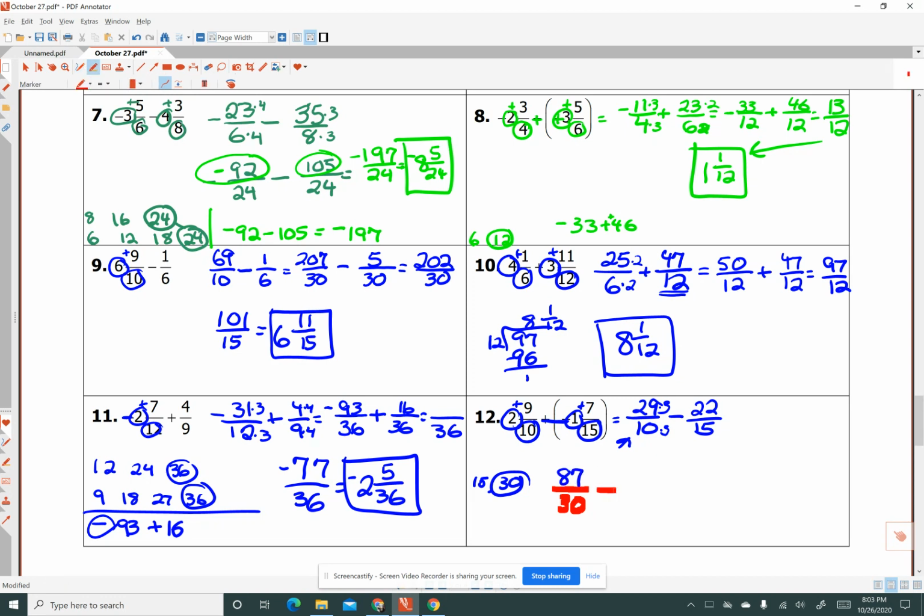Okay, and then our second denominator is 30ths. 15 times 2 is 30. 22 times 2 is 44. So we have 87 minus 44, which is 43 over 30. And 43 divided by 30 is 1 and 13 thirtieths.